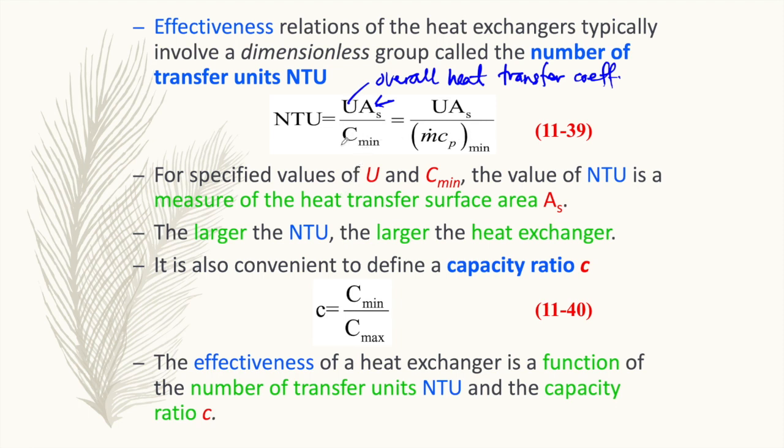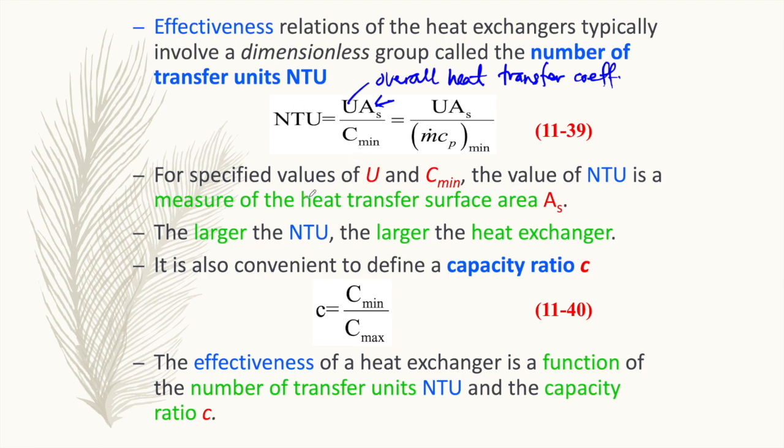In order for you to calculate the heat capacity, you have to multiply m dot with the specific heat capacity, so you will get C minimum. So this is the equation for NTU.